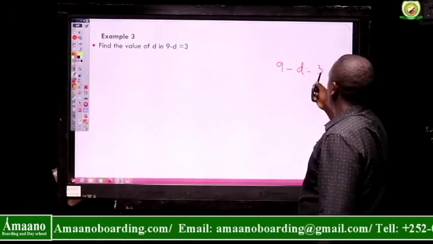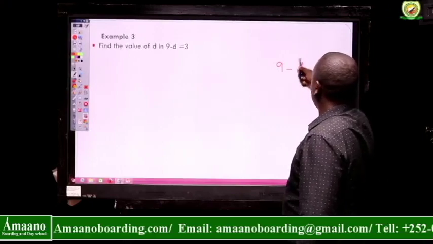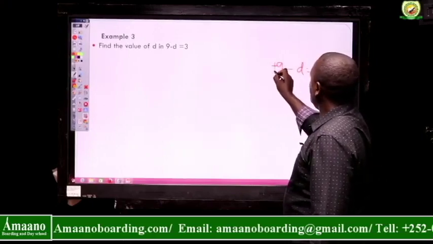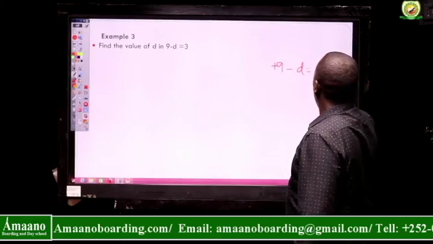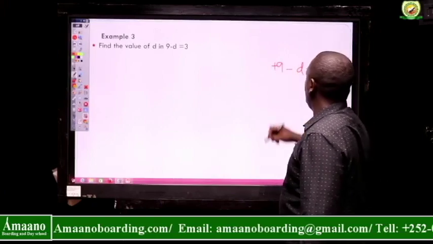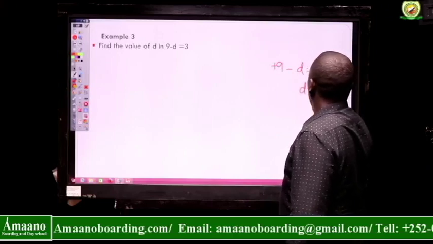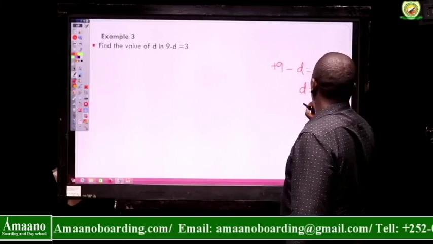I want to remain with only like terms put together. So this one and this one. Here I will remove, that is d equals 3 minus 9.